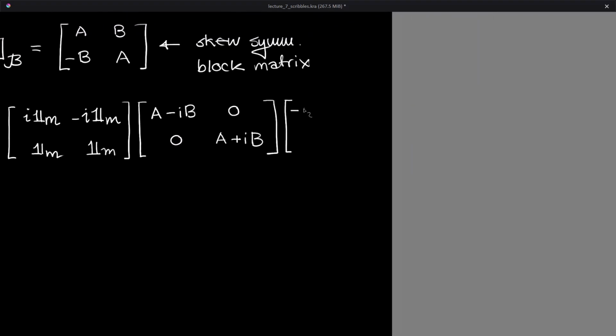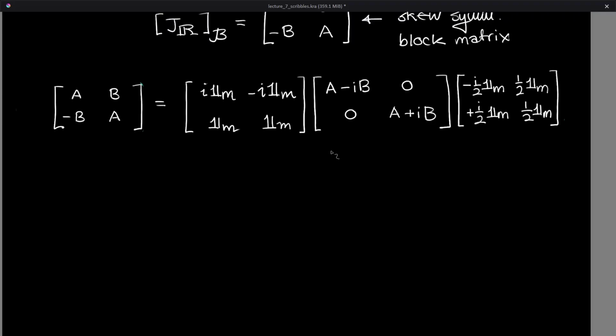So this is going to be minus i by 2 identity matrix, half identity matrix, plus i by 2 identity matrix, and then half identity matrix. So this is the diagonalization.